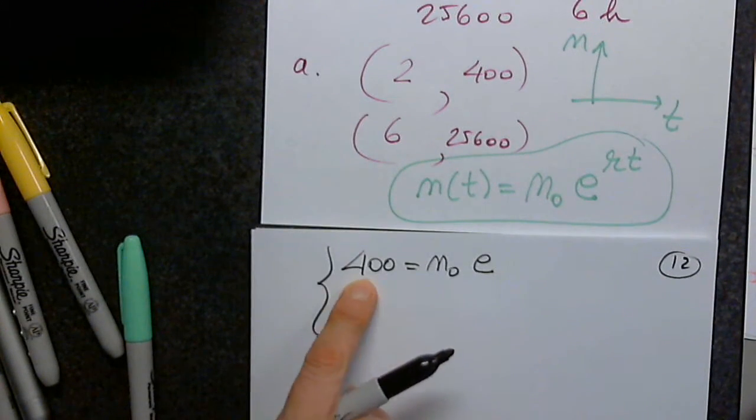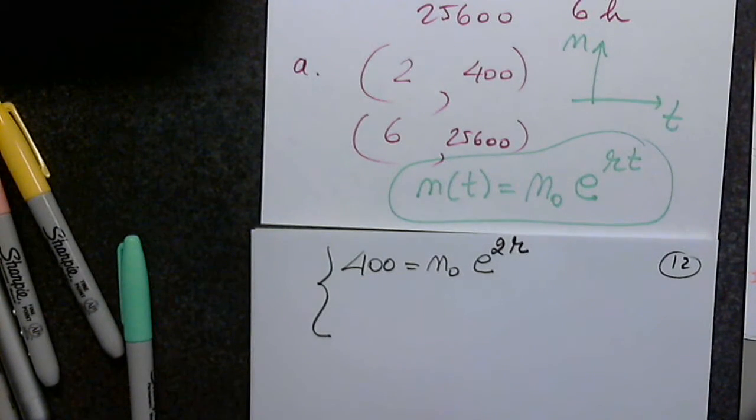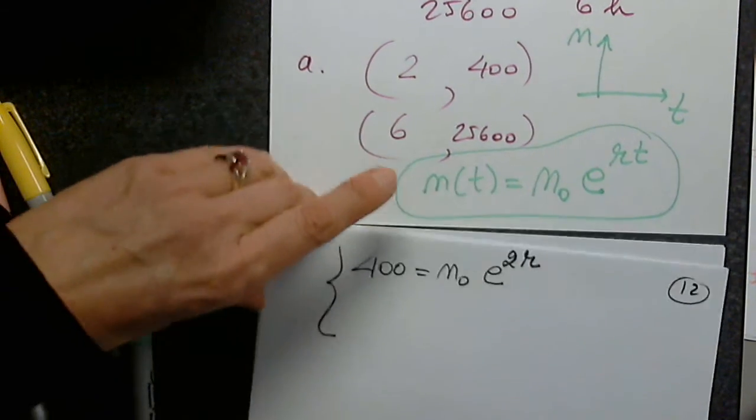Once I put 400 here, r times 2. Exactly. It's 2 times r. So you understand how the ordered pair translates into this equation? Everyone? Okay.